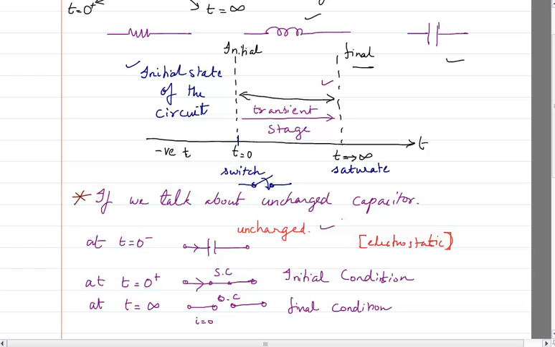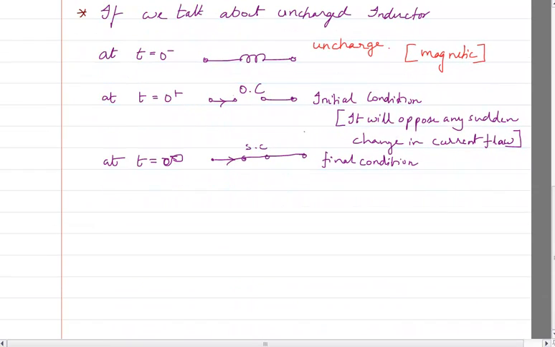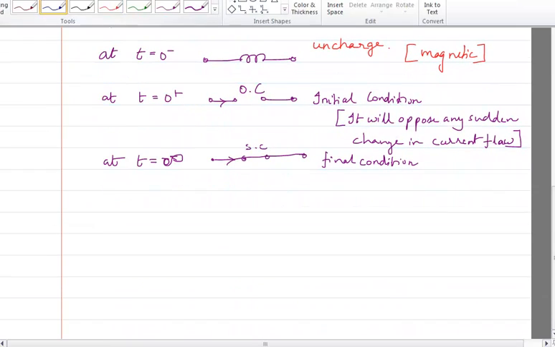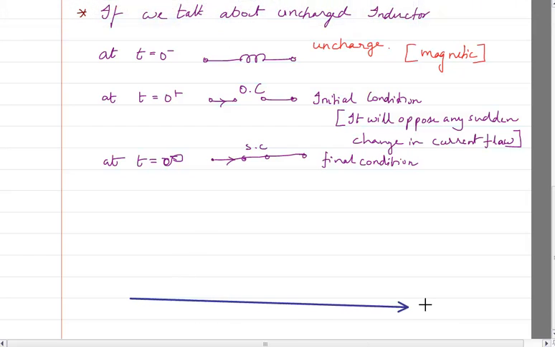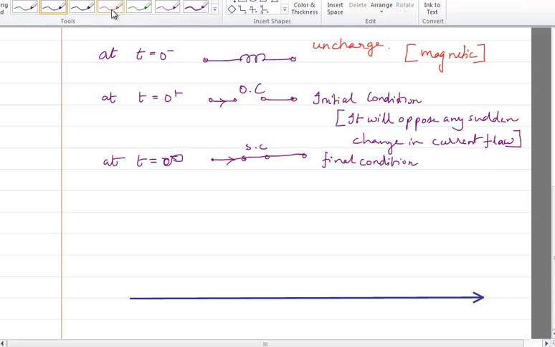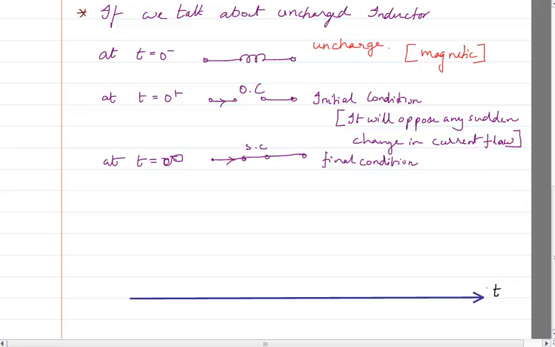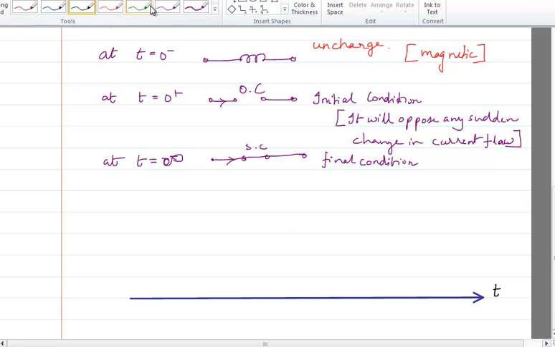And then we will have a different scenario of the circuit. So you can imagine, again let me draw the timeline. Suppose this is the timeline, and we have 3 sections.